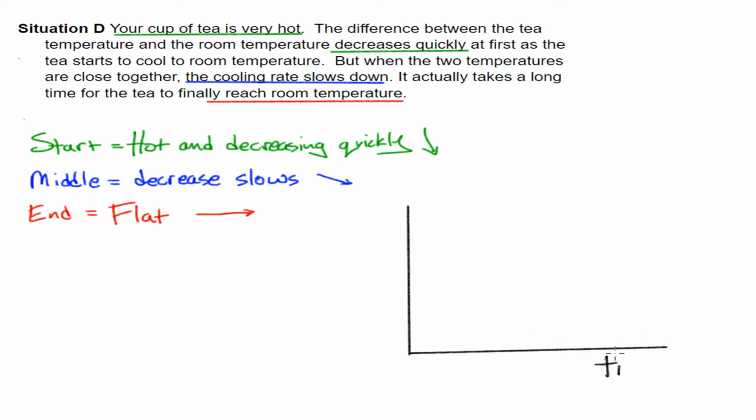Here's time, and here's temp. So let's start off with a quick decrease. Then maybe slow it down a little bit in the middle. And then towards the end, I can go completely flat. And that'll be what this graph looks like, the cooling down of a cup of tea.